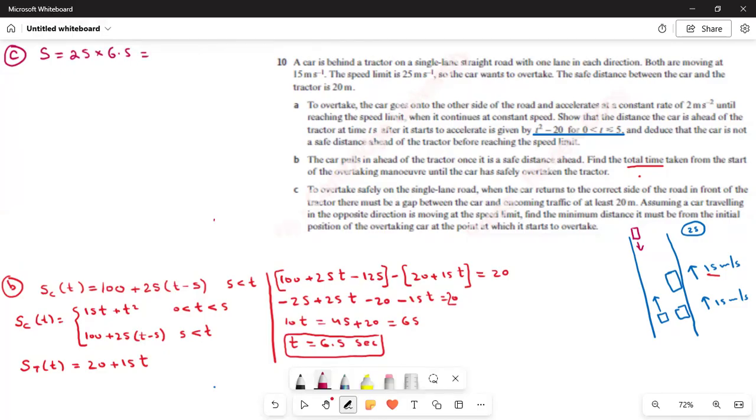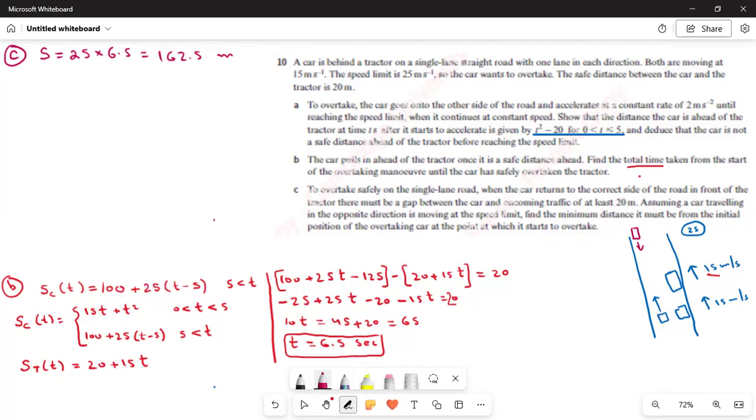So that would be, let me calculate. 25 times 6.5. So it is 162.5 meter. Okay. So this is the distance that this car will travel while it is overtaking.